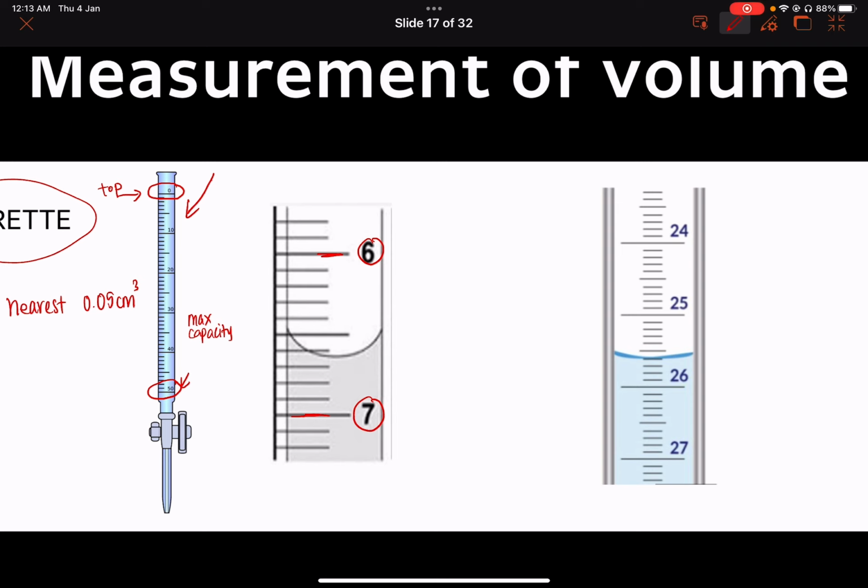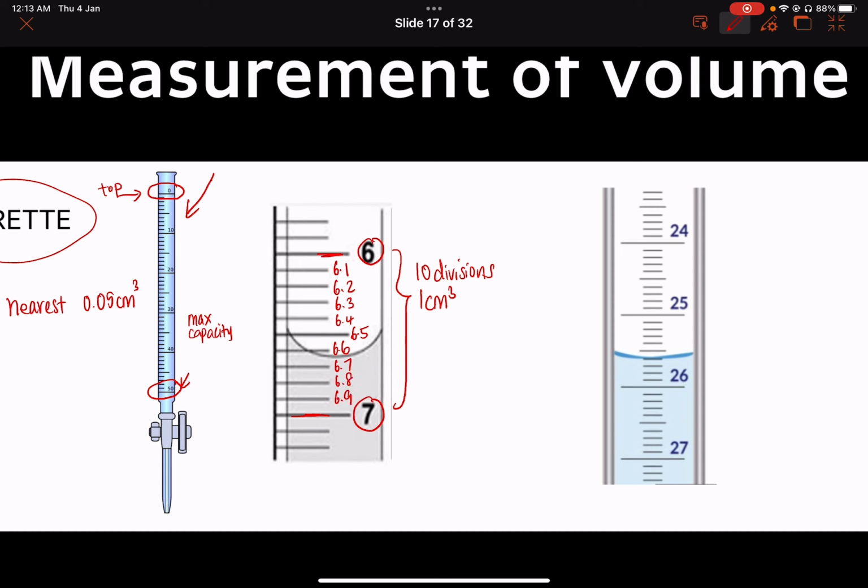But what I want you to notice is the difference between the two is actually 1 cm cube, but there are 10 divisions. So that implies every division is a 0.1 difference. So this is 6.1, this is 6.2, 6.3, 6.4, 6.5, 6.6, 6.7, 6.8, 6.9, and so on.